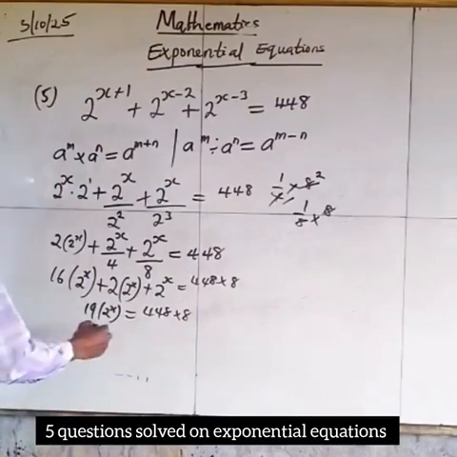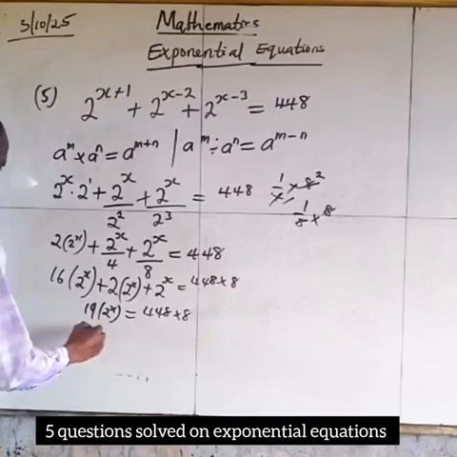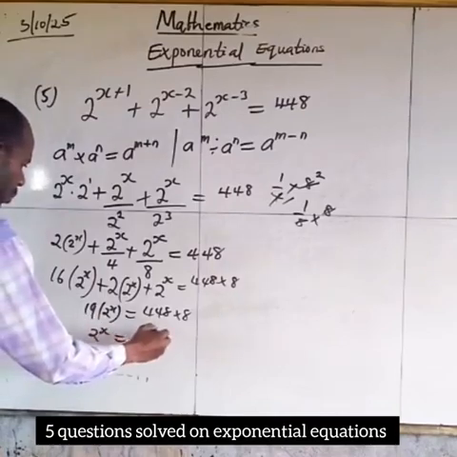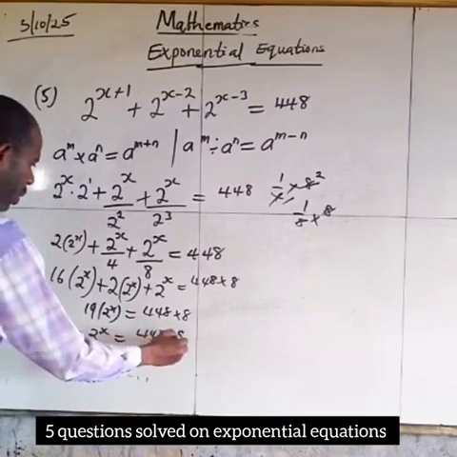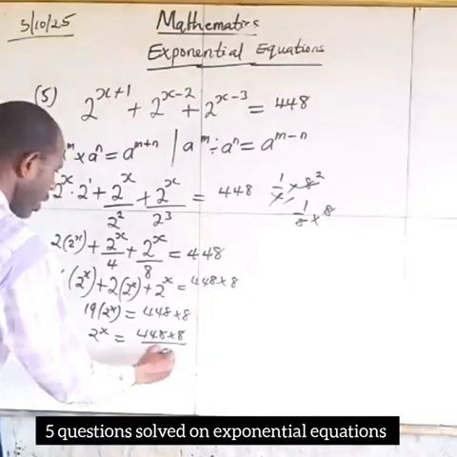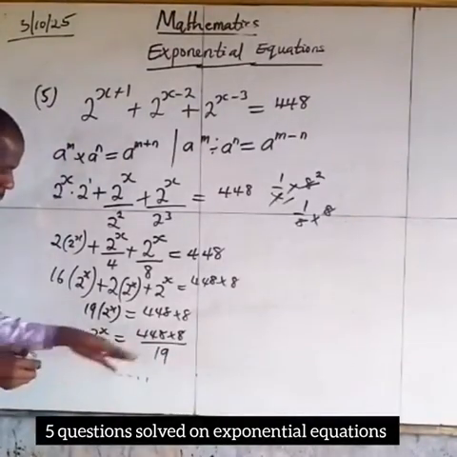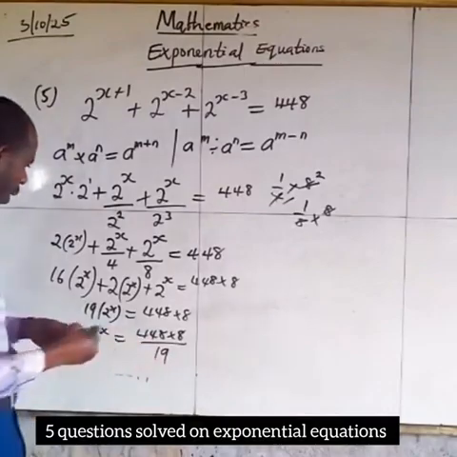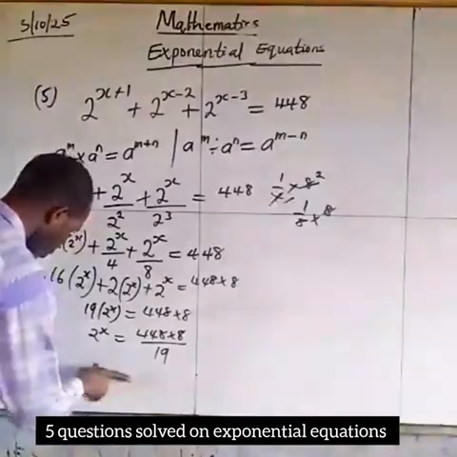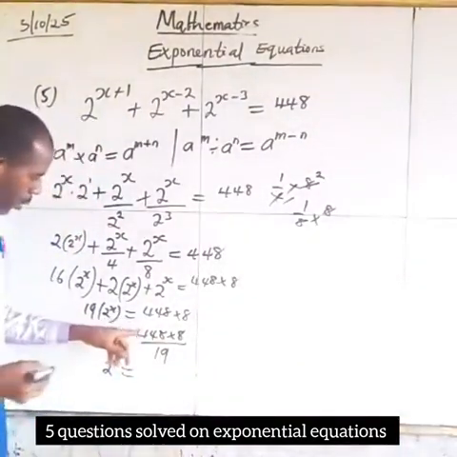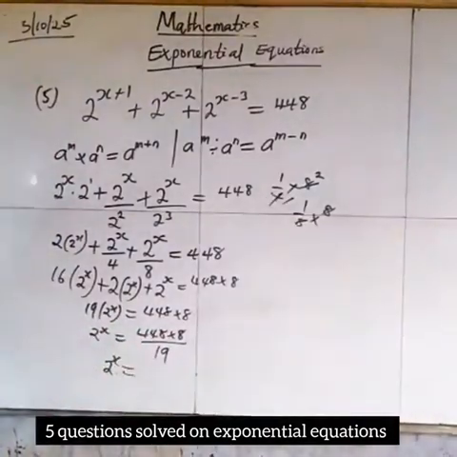Now let us solve for it by saying 2 raised to the power x equal to 448 times 8 all over 19, because we are going to divide both sides by 19. Now let us get a calculator and do that. Which means 2 raised to the power x is now equal to this multiplied, then divided by 19.